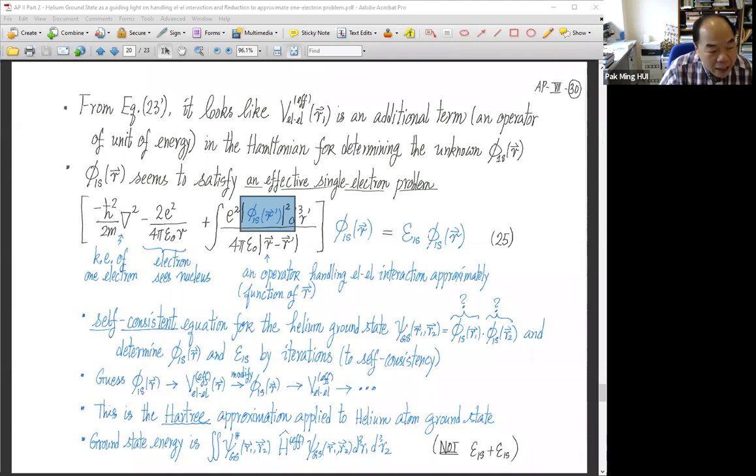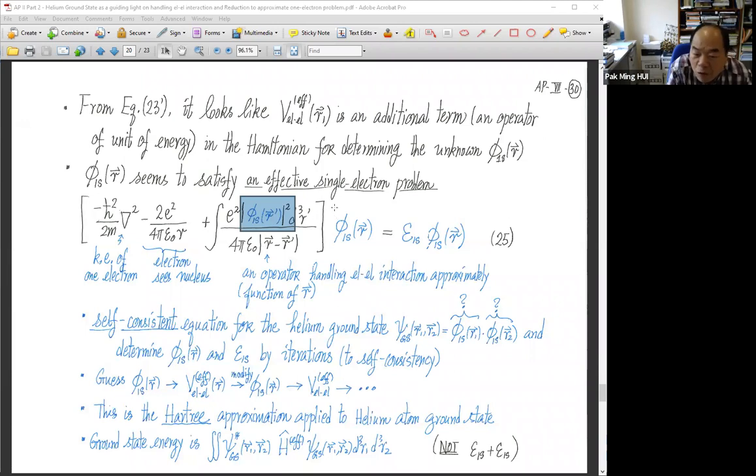Now is the punchline. The punchline is self-consistent. When you solve many electron problems, there is always a need to do a self-consistent solution. What do you mean by that?